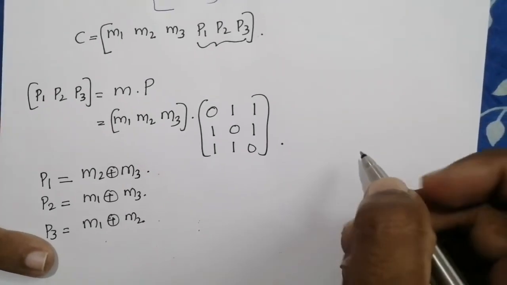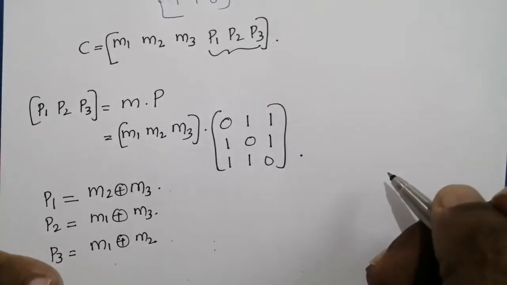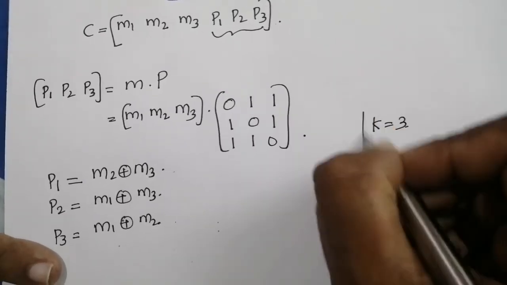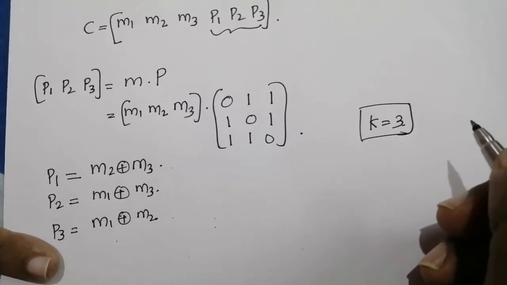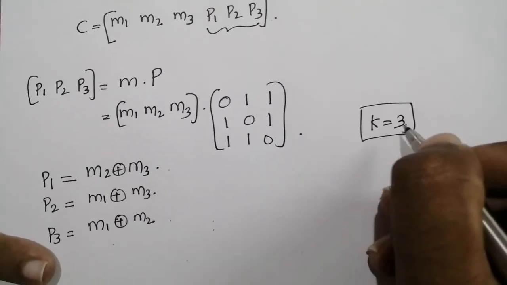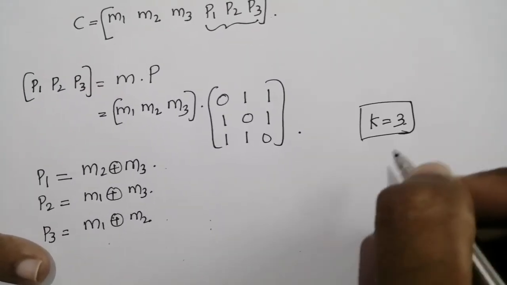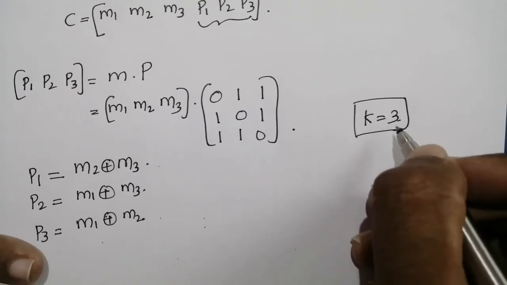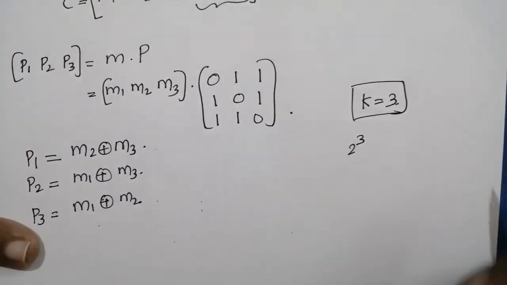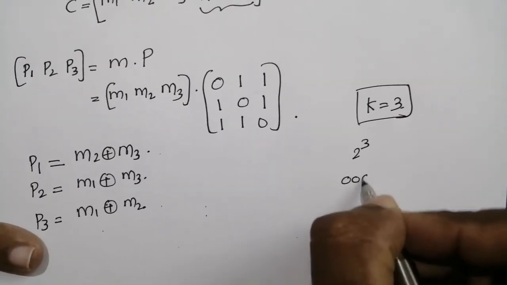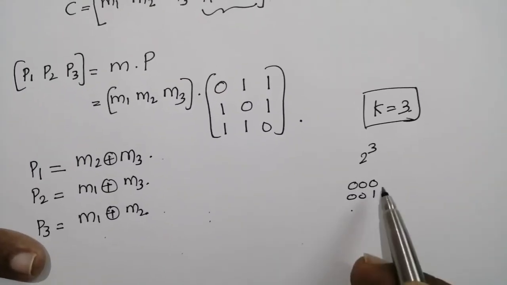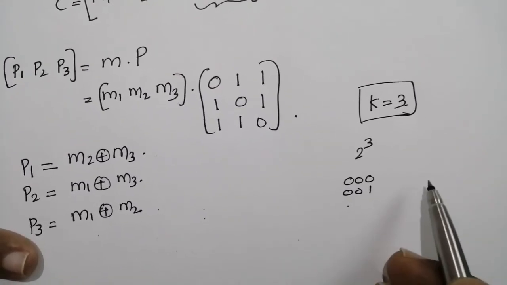So in a 6-3 code, how many code words are possible? So we know that there are 3 message bits, so we have k equal to 3. For each combination of message bits, we need to generate a code word, right? So we have 3 bits, so there are 8 combinations, that is 2 raised to 3 combinations, starting from 0, 0, 0, 0, 0, 1 like this.